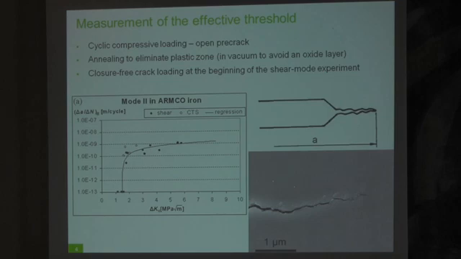In this case, when we apply Mode 2 or Mode 3 loading, we don't have contact of fracture surfaces, and we are able to measure the effective thresholds, which is a value between the case when we observe no crack propagation and at least some crack extension.